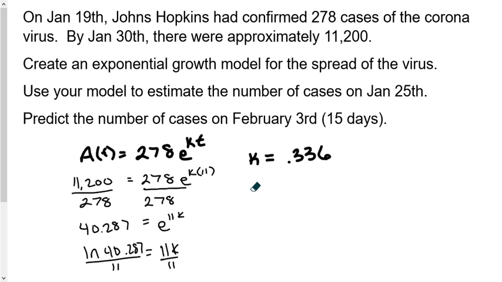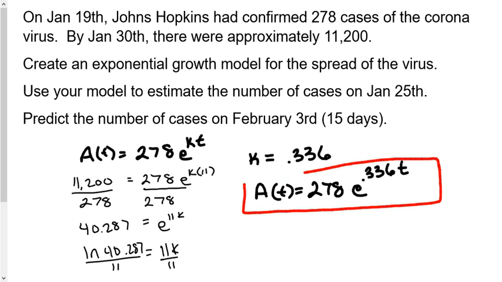So the first one, then, we would just say A of t equals the initial amount, 278, e to the 0.336t. So here's the answer to our first question. Right? Create an exponential model. Use your model to estimate the number of cases on January 25th.